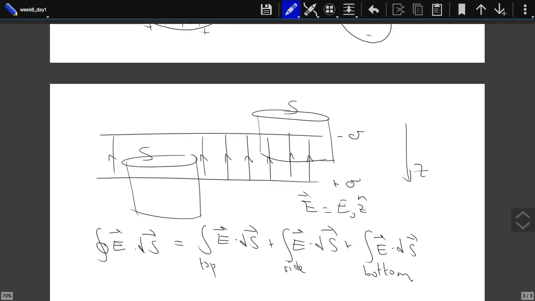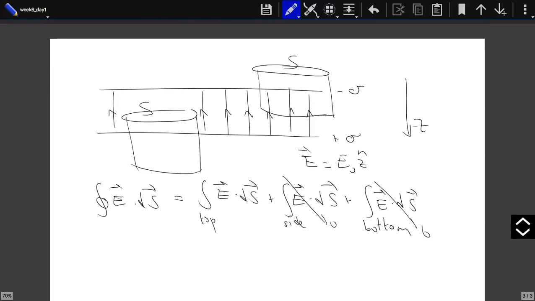Now, what is E dot ds at the bottom surface? 0, there's no electric field. What is E dot ds on the side? It is also 0 because in this region at least, E and ds are perpendicular to each other. In this region, E is 0 anyway. So this is again 0. So we only have a contribution from this side.